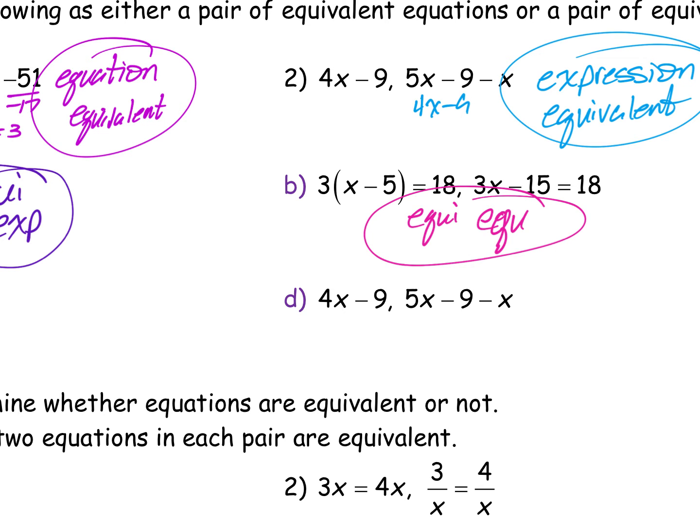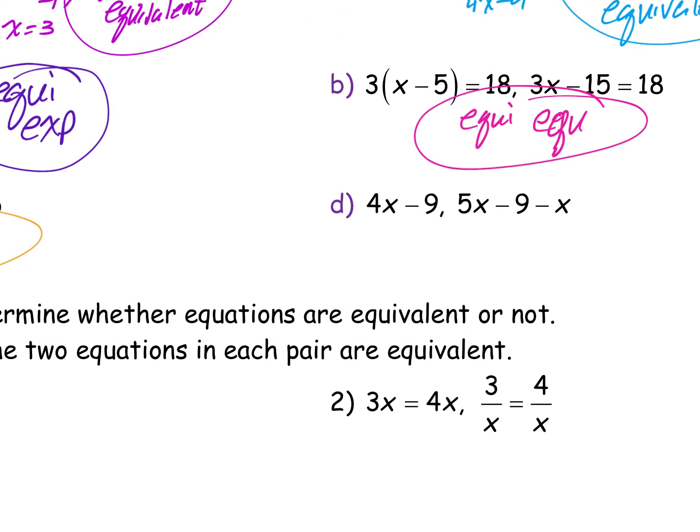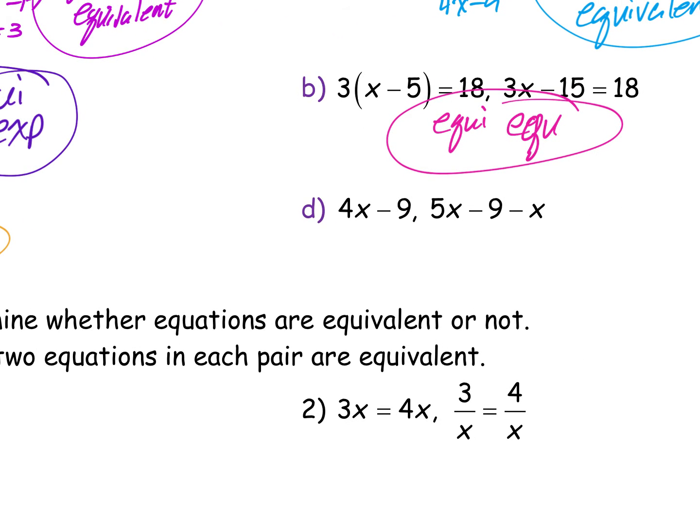Okay. And C. Equivalent equation. And then, of course, I think D is the same because I made a mistake. So it happens. And then, of course, it's an equivalent expression, right? I thought I'd fixed all my mistakes, but obviously I hadn't.